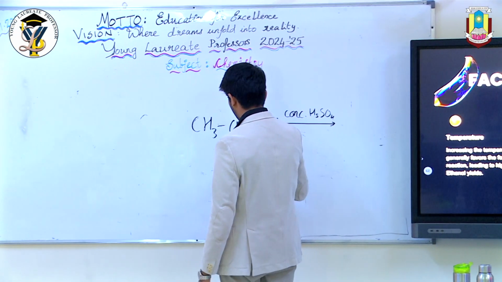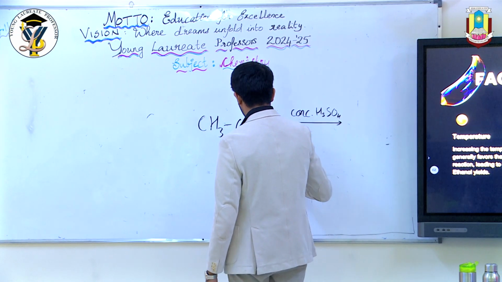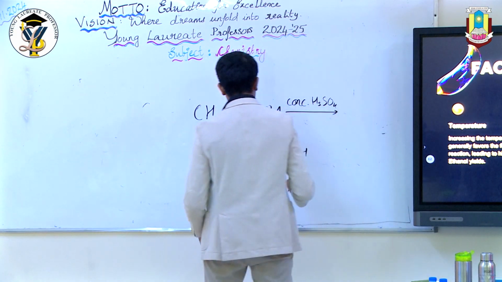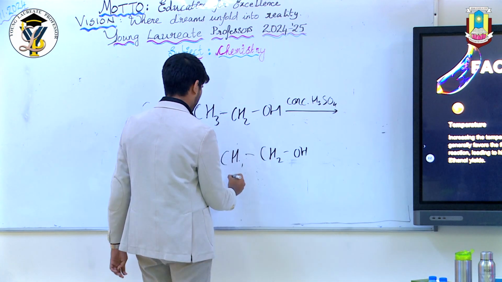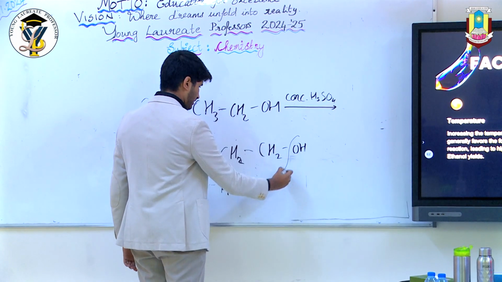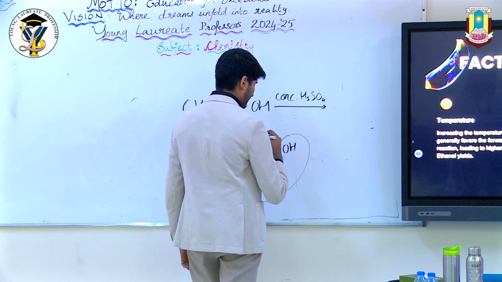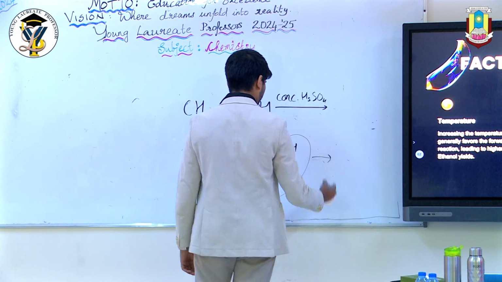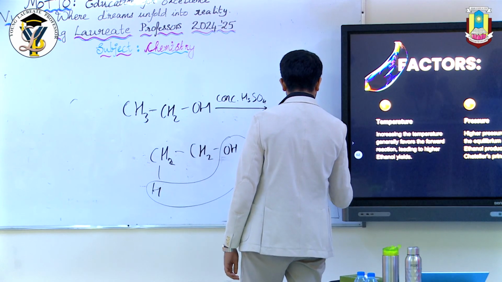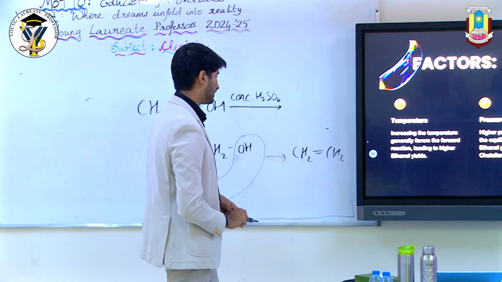For example, you can see this CH3CH2OH. For ease of understanding, I'm going to draw an extra H over here. This OH as well as this H is eliminated, and what we are left with is ethene, CH2 double bond CH2. So I hope this makes it significantly easier to understand.